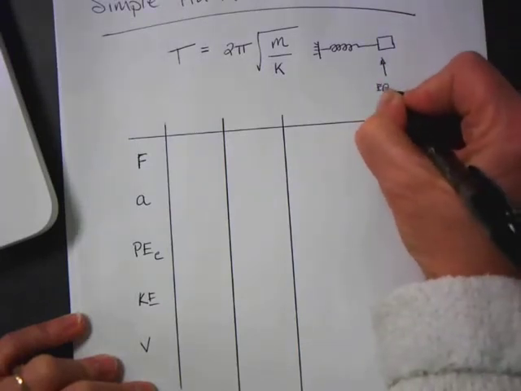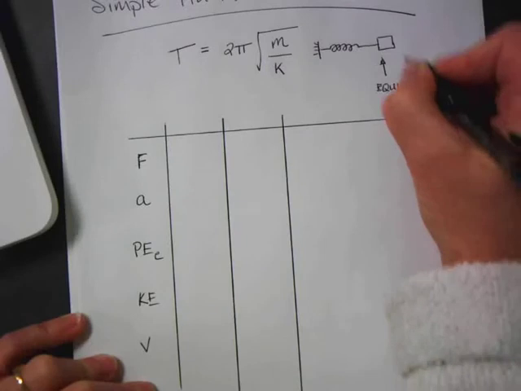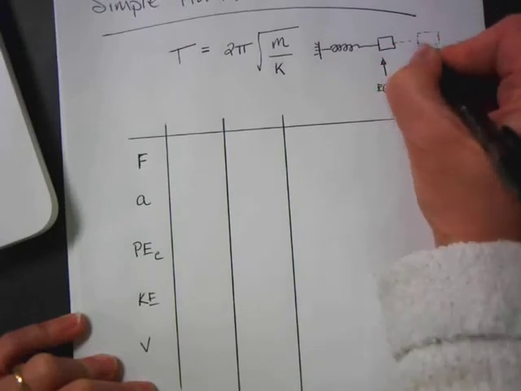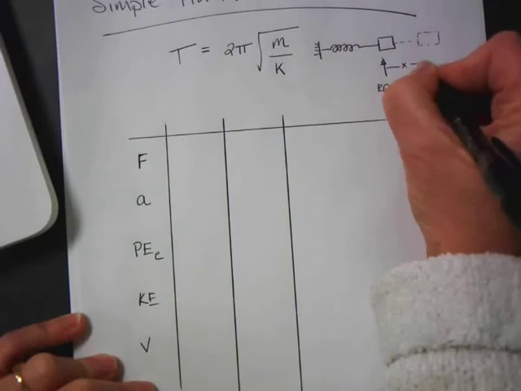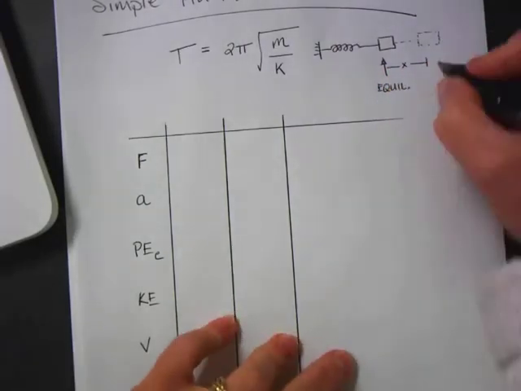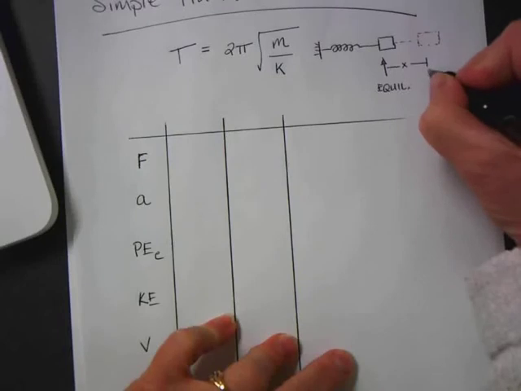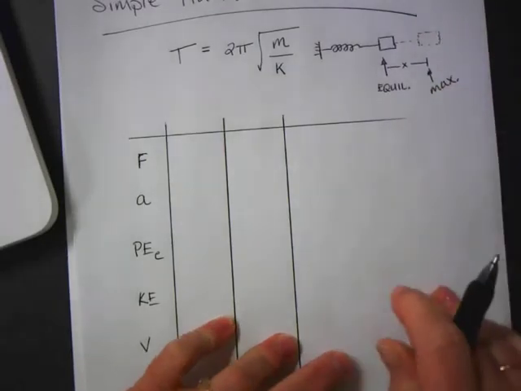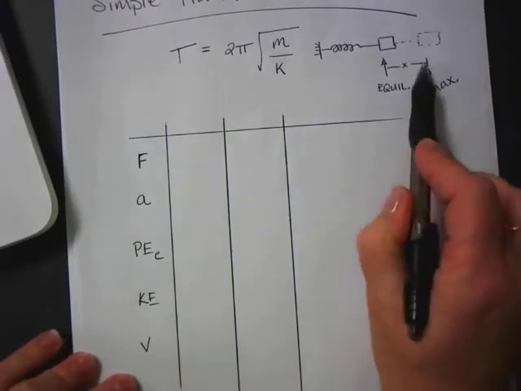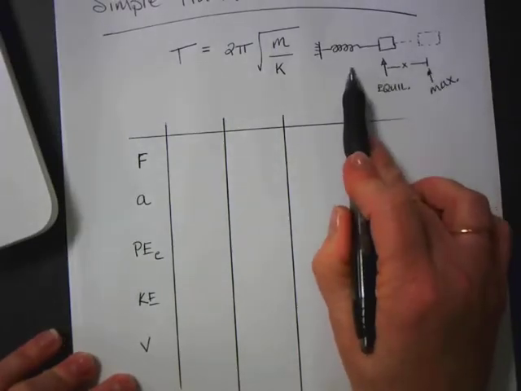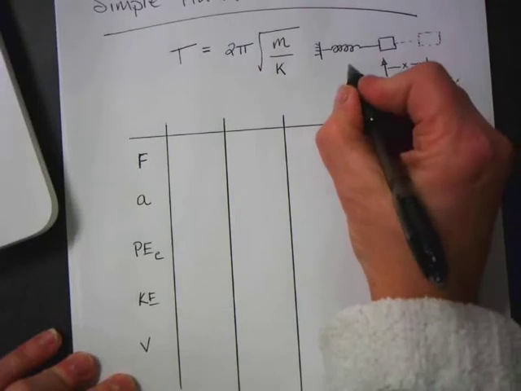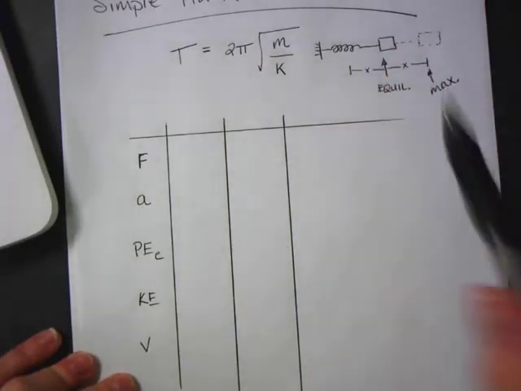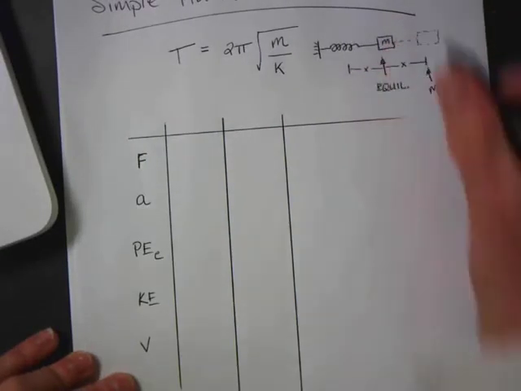If this represents equilibrium, and if I stretch it some distance x, that spot is going to be at max. Okay? Remember, that same x value exists over here on this side. I'll draw it in. And that's the distance that it compresses.